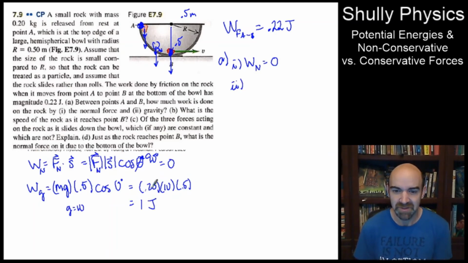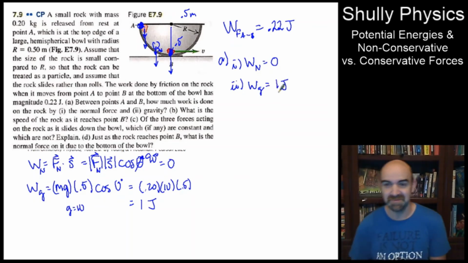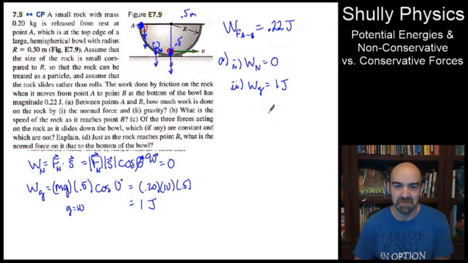Oh, okay, and that'd be 2 times a half. Yep, there we go. It is 1 joule. So work done by gravity is 1 joule. It's going to speed it up. All right, so there it is. So between A and B, the work done by gravity is 1 joule.